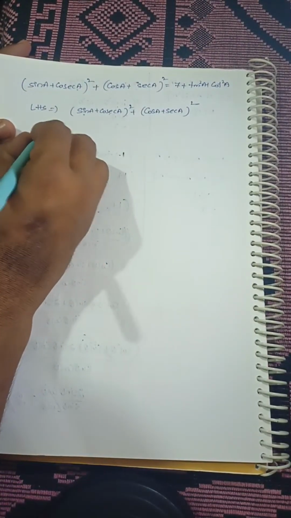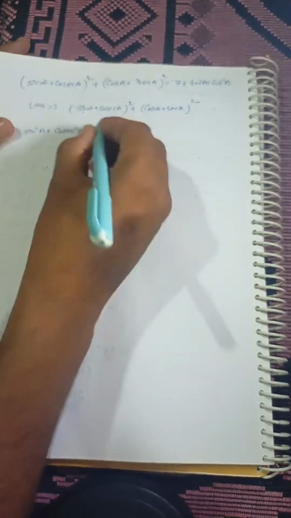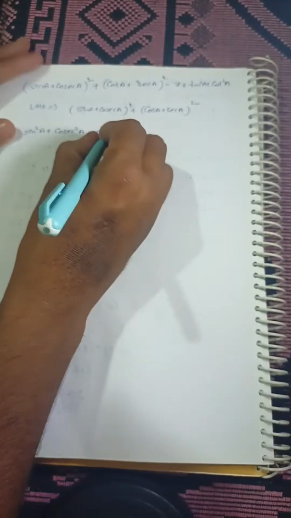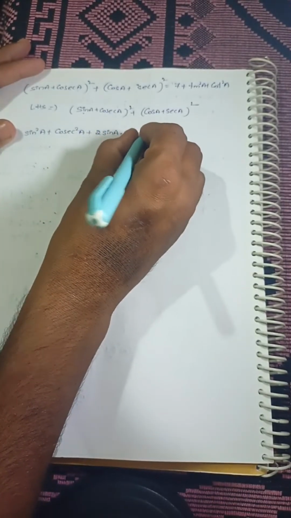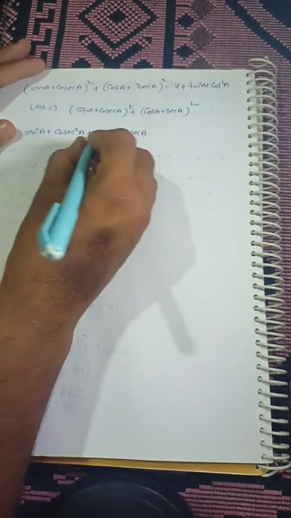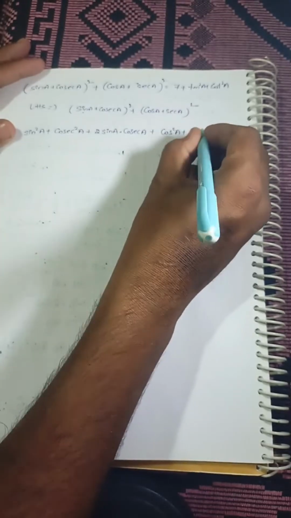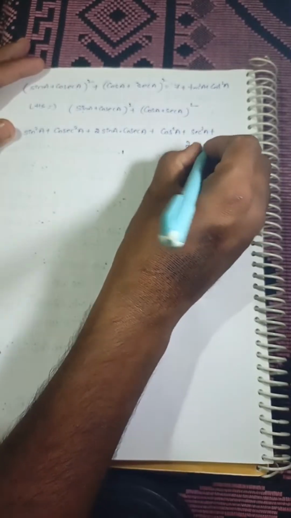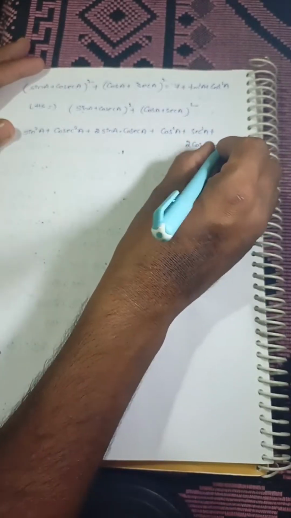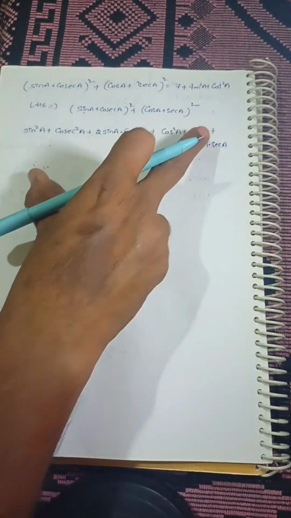Sin square a plus cosecant square a plus 2 sin a into cosecant a, a square plus b square plus 2ab. Here also the same: cos square a plus secant square a plus 2 into cos a into secant a, a square plus b square plus 2ab.